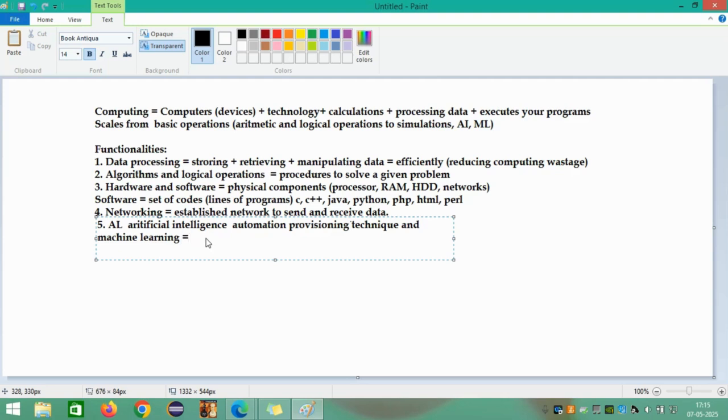So machine learning is again decision making algorithms with supervised learning algorithms, unsupervised learning. So that's about the characteristics or the functionalities of how any cloud computing domain is going to work.